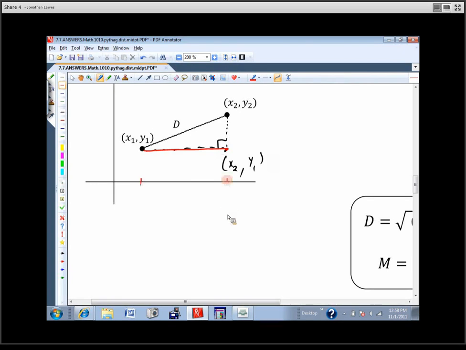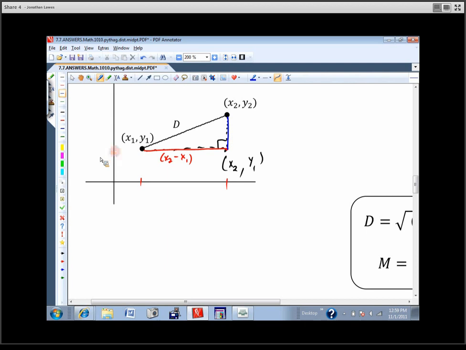It's just a straight horizontal line. It goes from this point on the x-axis to that point on the x-axis. So if this was 5 and this was 2, how far is it between there? It'd be 3. How do you get that? Okay, so what is it? So this is x2 minus x1. That's how long that side is right there.